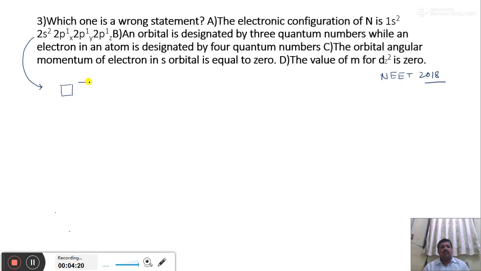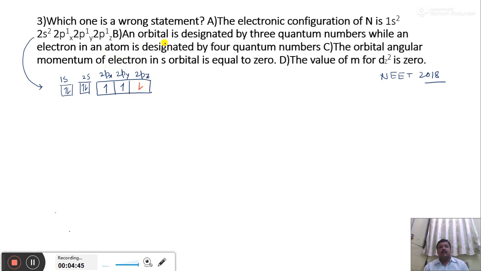In the actual question paper, there is a pictorial representation of this configuration, showing 1s, 2s and 2px1, 2py1, 2pz with opposite spin.